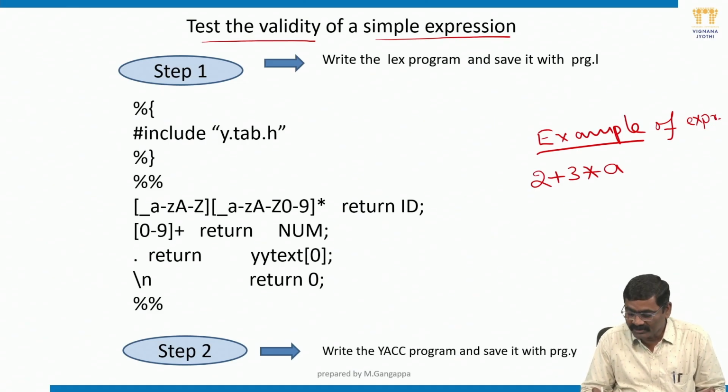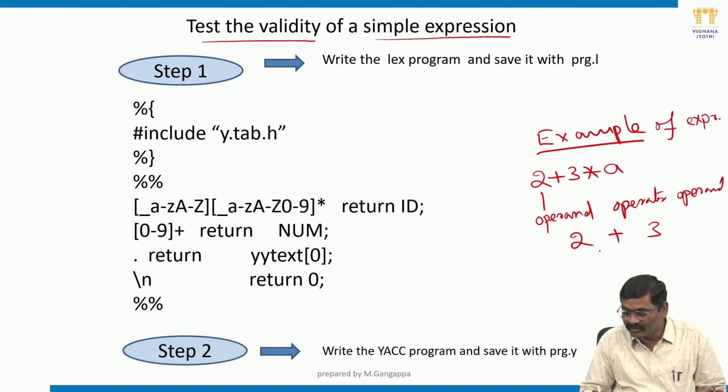So generally, when we see the expression, we can understand that the expression involves operators and operands. So this is the operand, operator, operand. For example, 2 plus 3. So this is one expression.